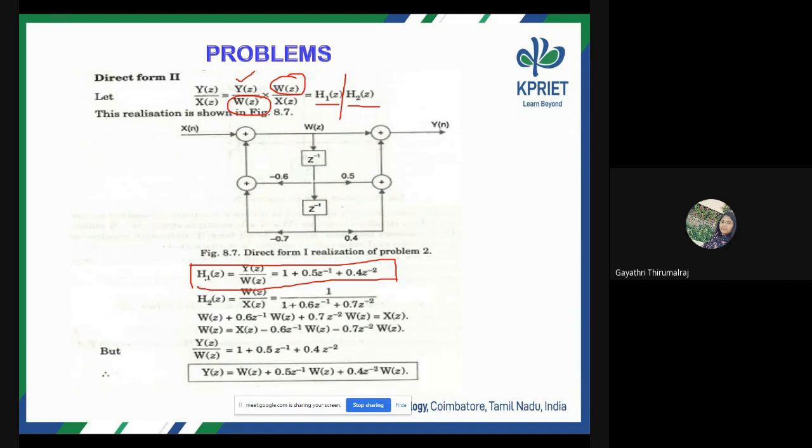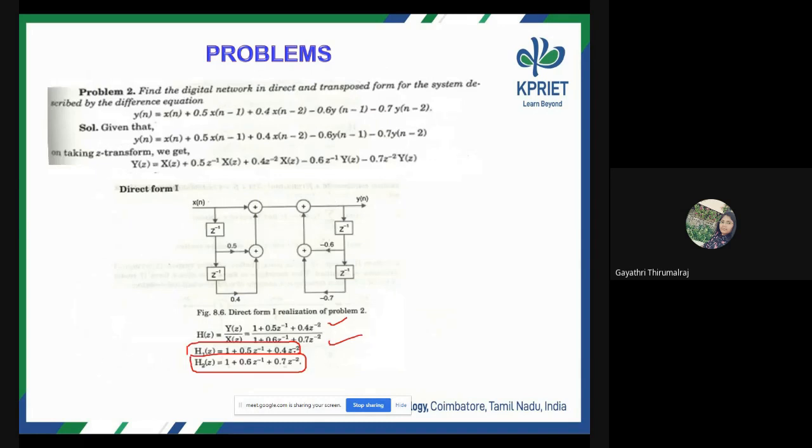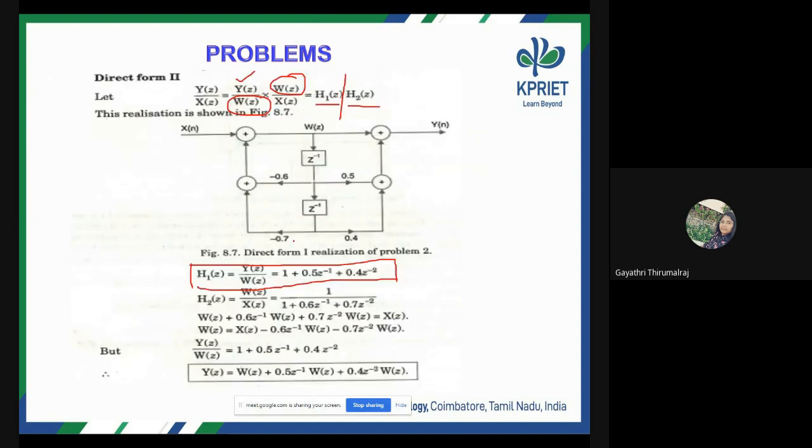So write that first. You know h1 of z from direct form 1, which is 1 plus 0.5 z power minus 1 plus 0.4 z power minus 2. So write this value here. Your h1 of z will be very simple when you have obtained the direct form 1 realization. Just copy the structure answer and write it.